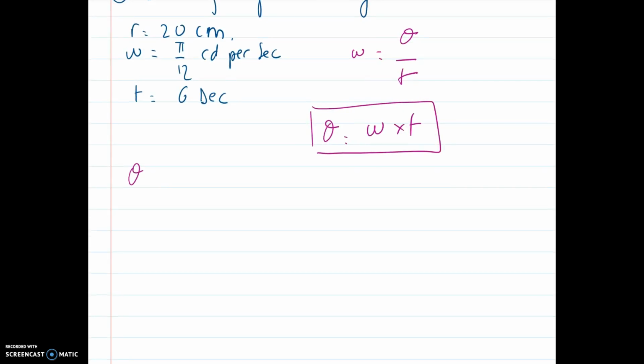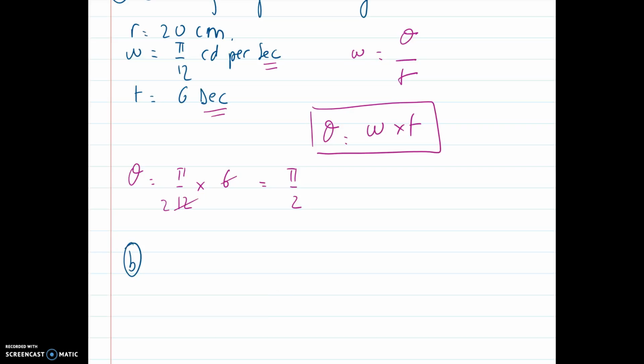So theta equals pi over 12 multiplied by 6 (t is in seconds, the same unit, which is very important), and simplifying by 6, I end up with theta equal pi over 2.